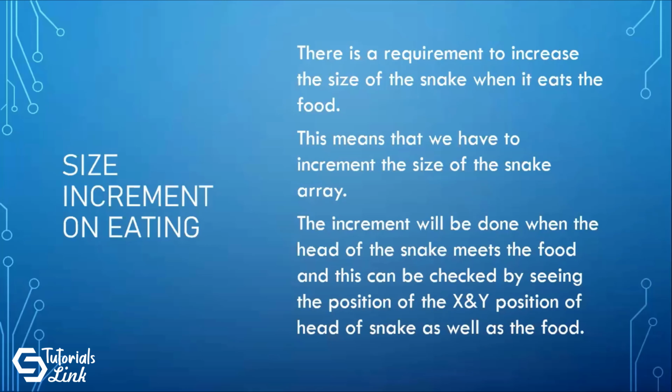How will we know that it is eating food? We will get the position of the food and the position of the head. Let's say the food is at coordinate 3 by 4, and the head meets 3 by 4. Whenever the head position and the food position collide, it means it has eaten the food, right? This is the main idea as we proceed with our project.